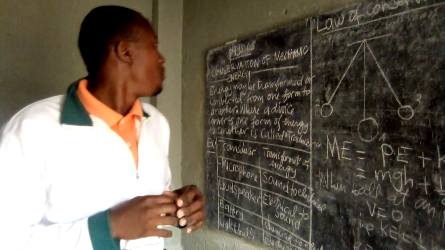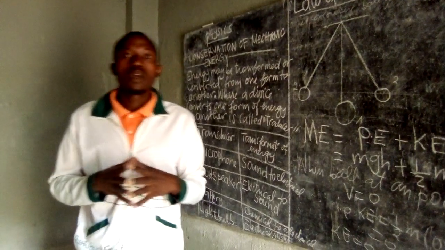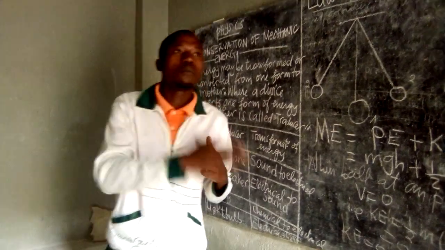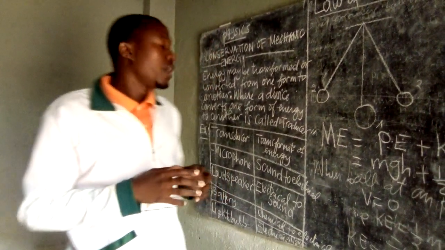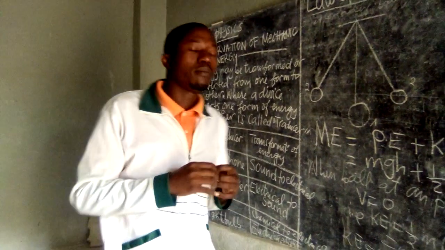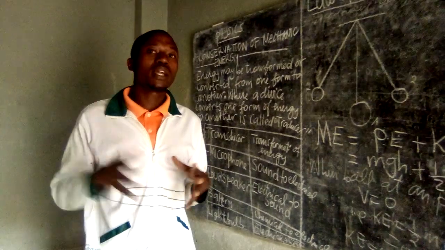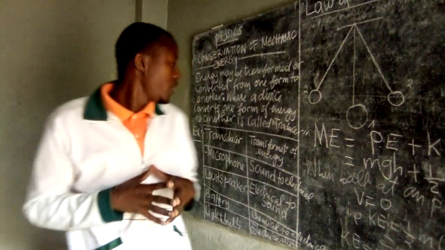Energy may be transformed from one form to another, and the device that can convert energy from one form to another is a transducer. For example, the microphone can change sound to electrical energy.